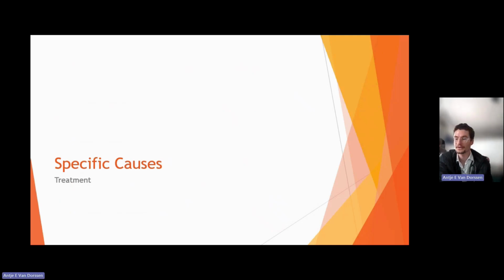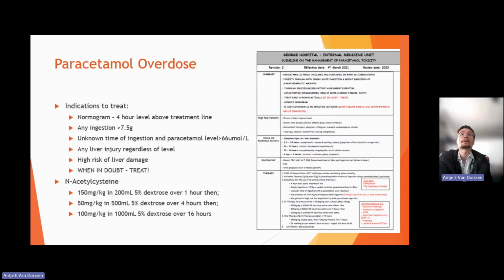Okay, so treating some specific causes. Paracetamol overdose, we do have a unit protocol on this, and it's in the process of being looked at again. But basically there are indications to treat with N-acetylcysteine: if there's a nomogram that shows a 4-hour level above the treatment line, any ingestion more than 7.5 grams, any unknown time of ingestion with a paracetamol level more than 66, any liver injury regardless of the level of paracetamol, and anybody who has a high risk of liver damage.